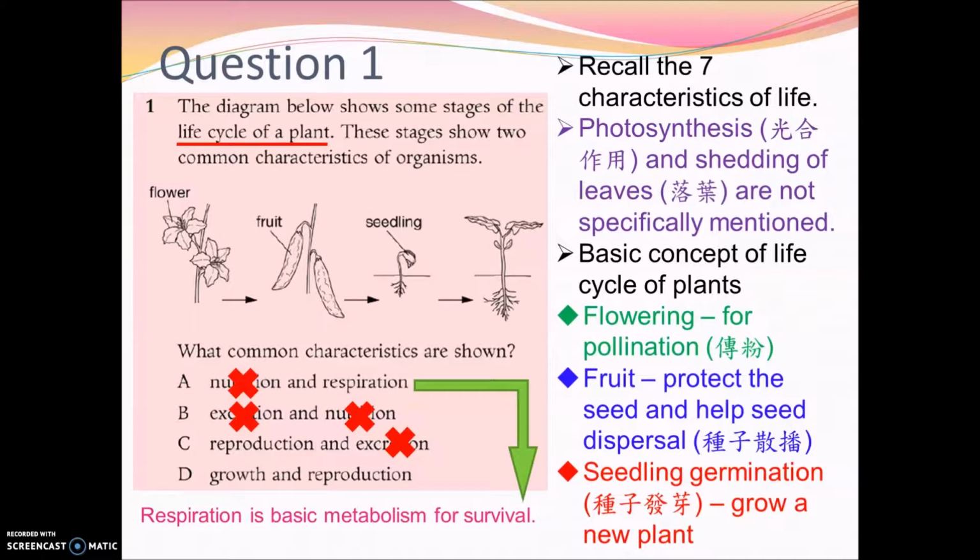So that's why it also can help the plants for reproduction, okay. And finally the seedling, okay, that means the seed germination, so that it will grow to a new plant. So that's why for question 1, okay, not that difficult, the answer should be D, growth and reproduction.